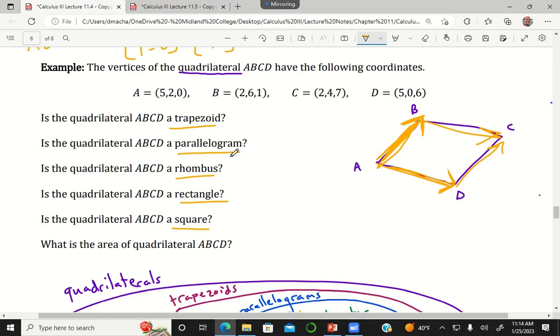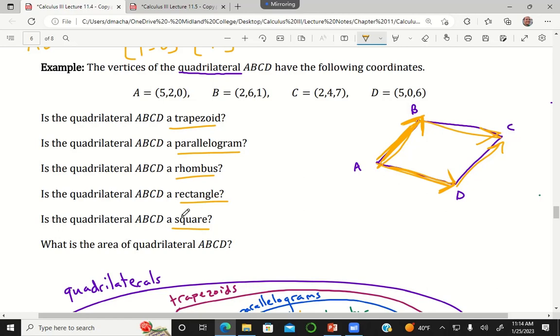Opposite sides equal length. So what's special about a rectangle is that the corners are 90 degrees. That means these adjacent vectors would have to be orthogonal to each other. You would need the vector AB to be orthogonal to the vector AD for this to be a rectangle. And the way we check if vectors are orthogonal is we take the dot product and see if it's 0, because if vectors are orthogonal, then their dot product is 0.